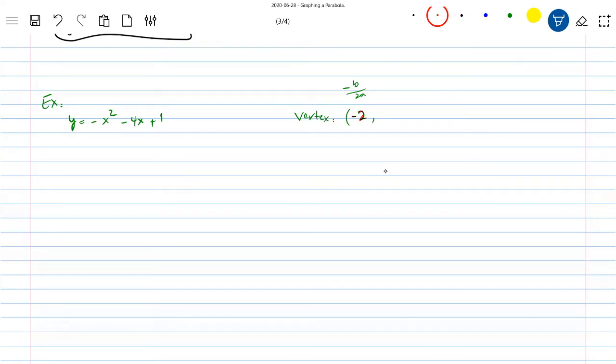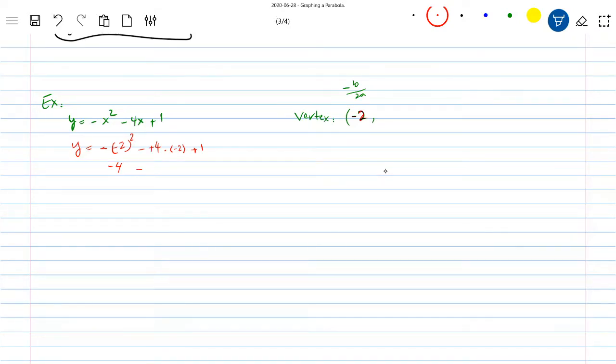So here you'll get negative 2 as the vertex x value. How do you find the y value? Replace -2 into the equation. -2 squared minus 4 times -2 and plus 1. If you add that, you get 4 minus 4 times -2, too many negative signs.